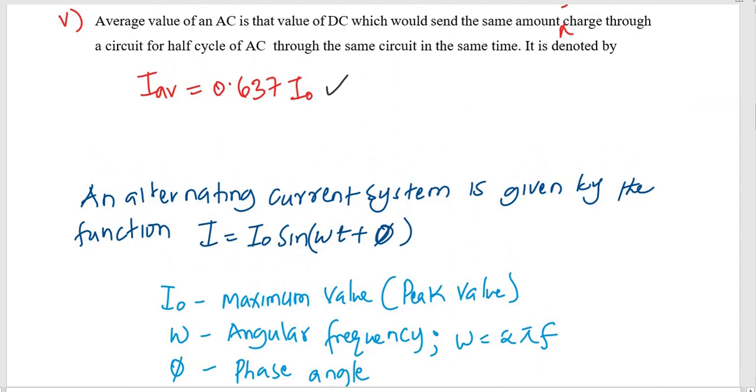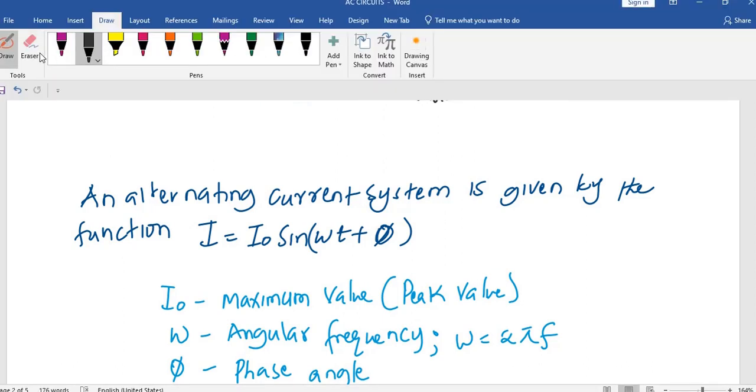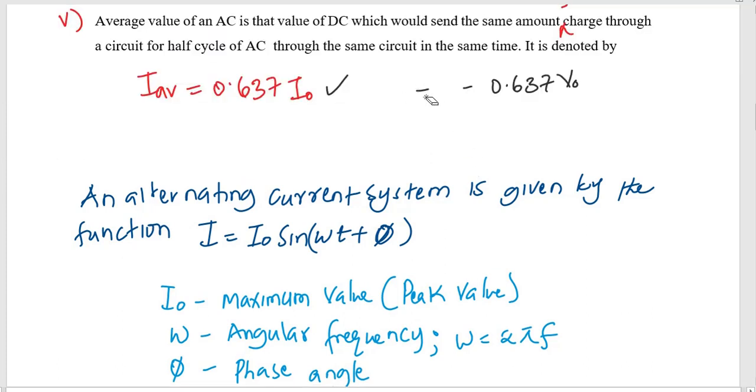Likewise, for voltage, the average value of voltage equals 0.637 V naught.